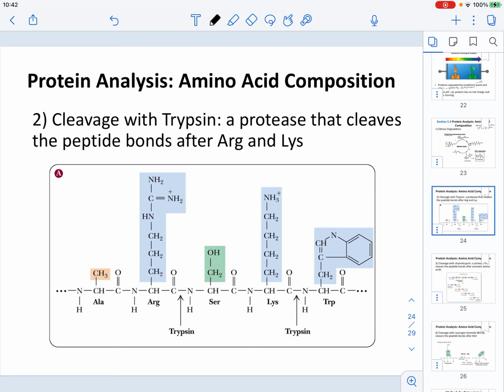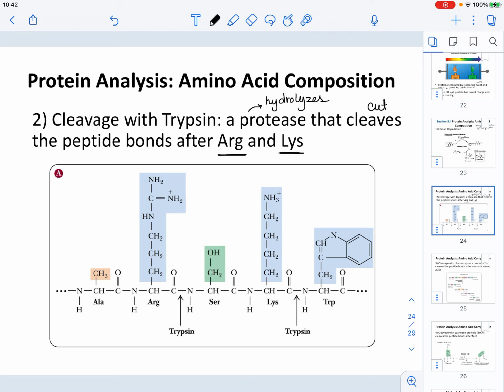So, a cleavage with trypsin, pretty much what is going to happen is that we're going to cleave, in other words cut, peptide bonds after the amino acids arginine and lysine. So trypsin is a protease, which means that it actually hydrolyzes the amide bond after arginine and lysine.